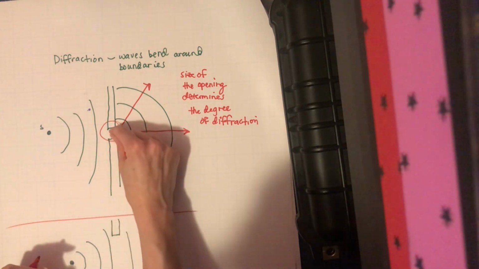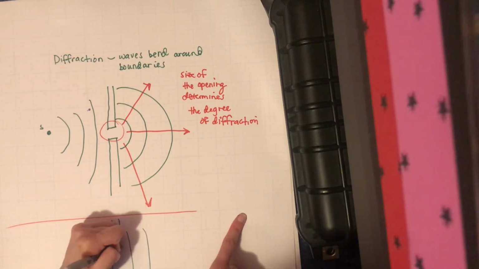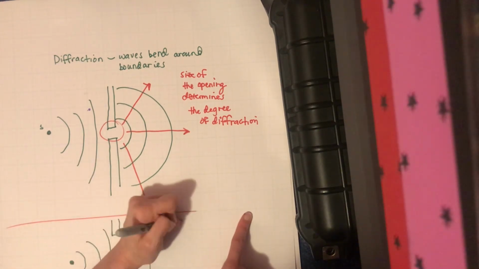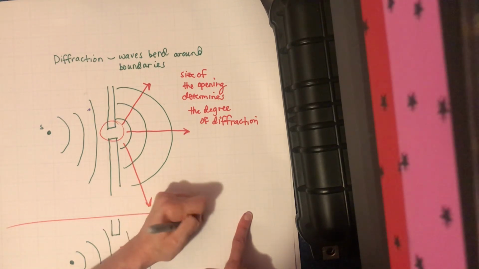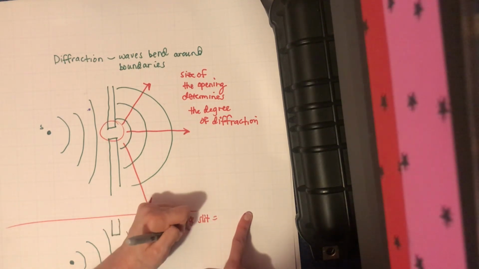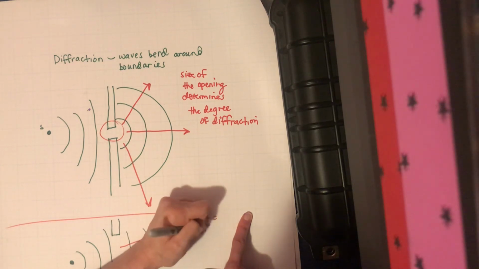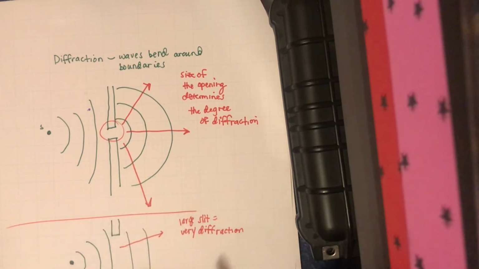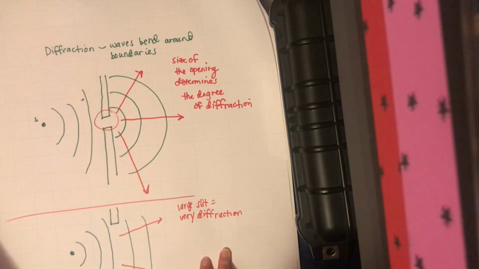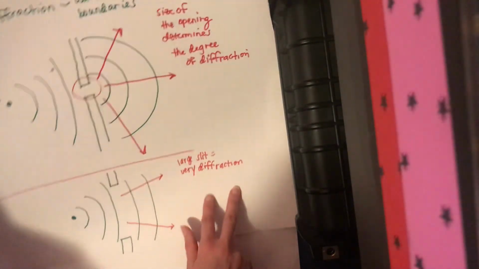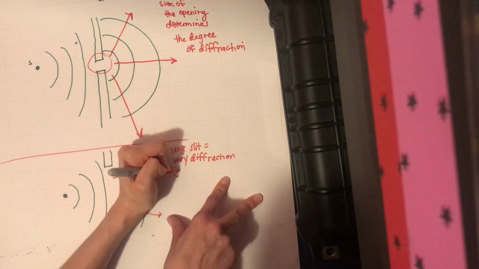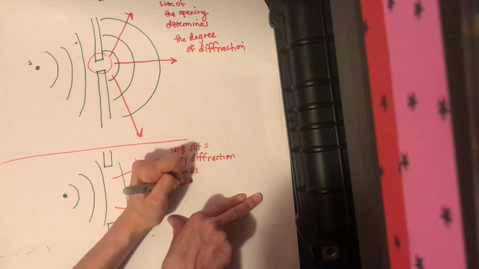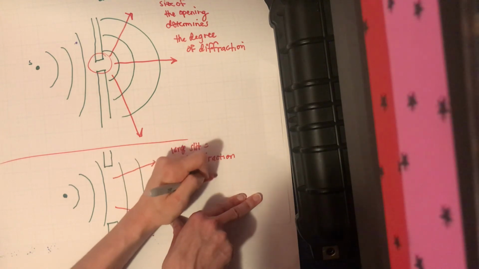So the smaller that opening is, right, a large slit equals very little diffraction, very little bending of the wave. It bends minimally.